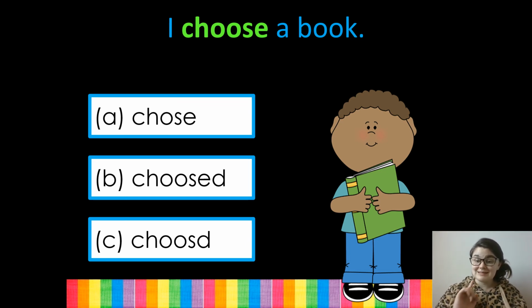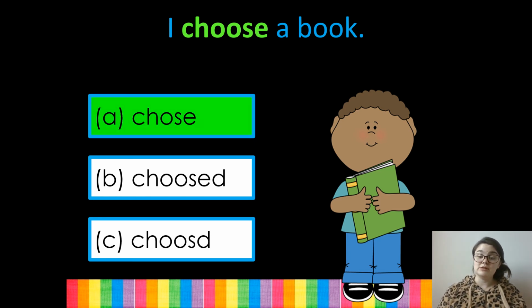See which one sounds the best. Is it A, I chose a book, B, I choosed a book, or C, I choosed a book? You decide. The correct answer should be A, I chose a book. This is another irregular past tense verb. Choosed does not make sense.